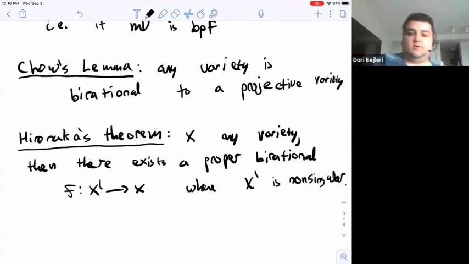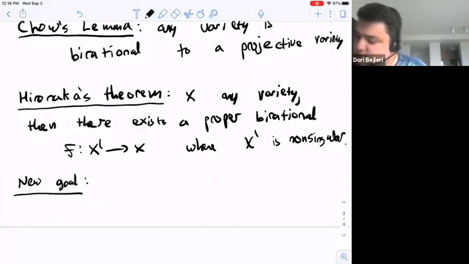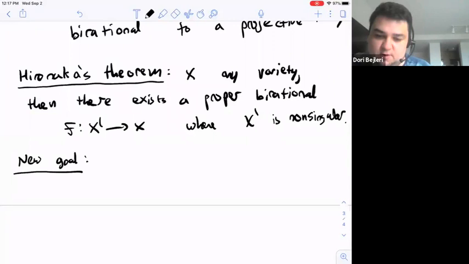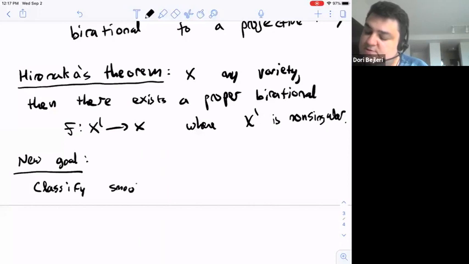Okay, so that we're going to take completely as a black box. So now we can phrase our new goal, which is classify smooth projective varieties up to birational equivalence, which is equivalent to our old goal by this lemma and this theorem.